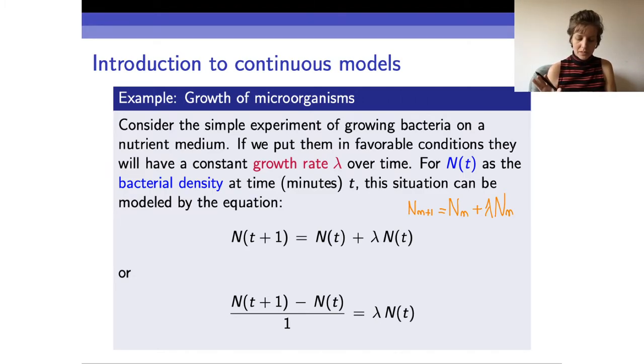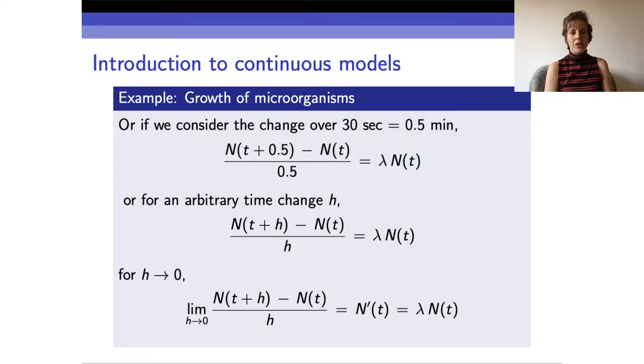So I'm trying to go from this model to the continuous one. So we could just write this model like this. Or, instead of considering a change over 30 seconds or half a minute, because before the time change was 1 minute, we could just write like this.